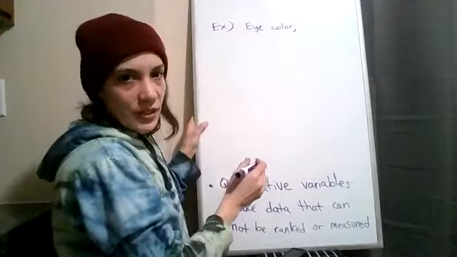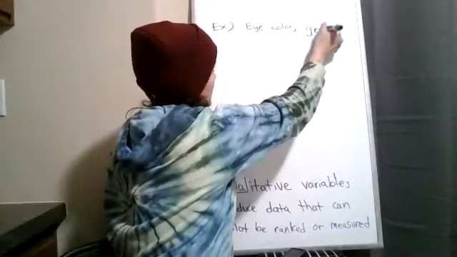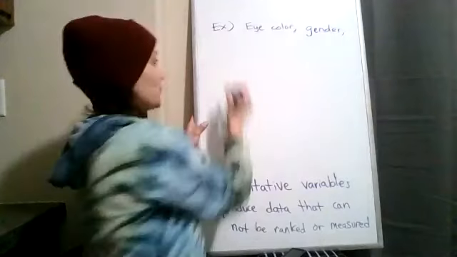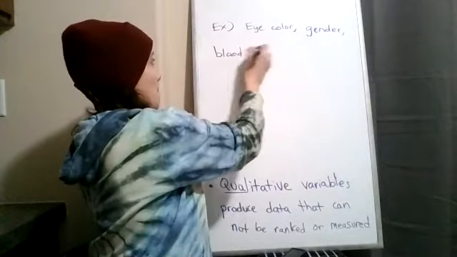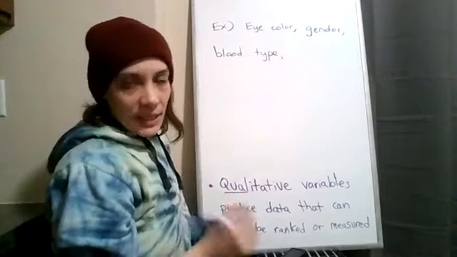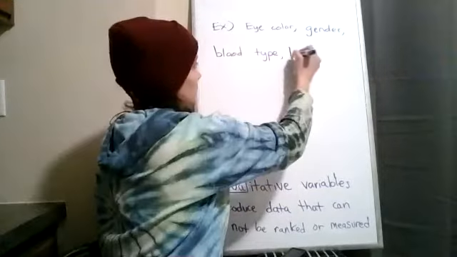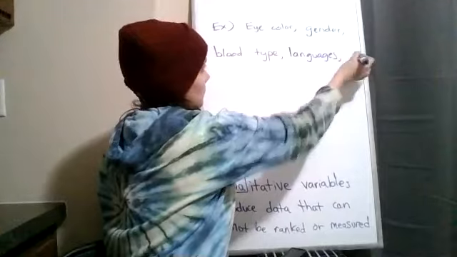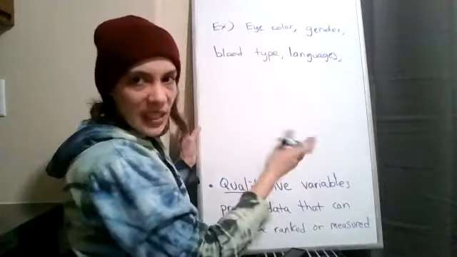Another one is gender or blood type. Languages. We'll leave more examples for later, maybe.